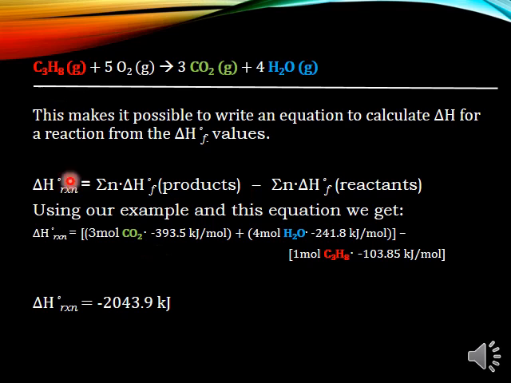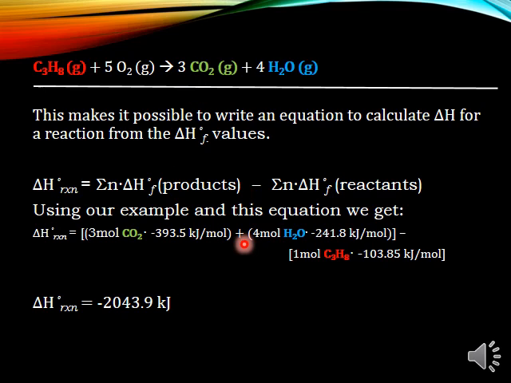So using that same example, this is what our equation would end up looking like. Let's break this down. We have n, which is number of moles. So it's 3 moles of carbon dioxide, our first product, times the enthalpy of formation of carbon dioxide.